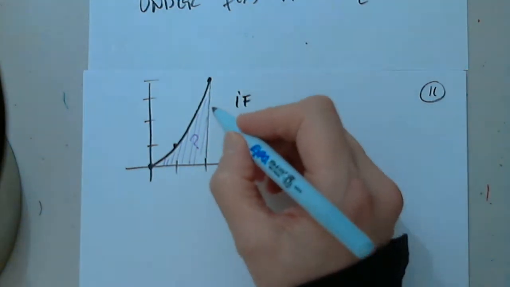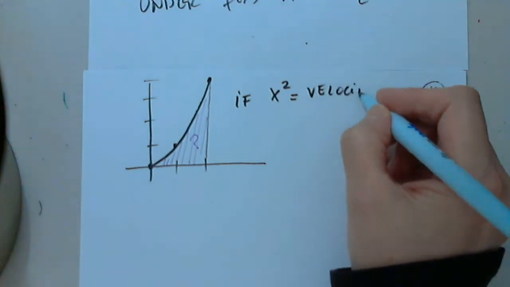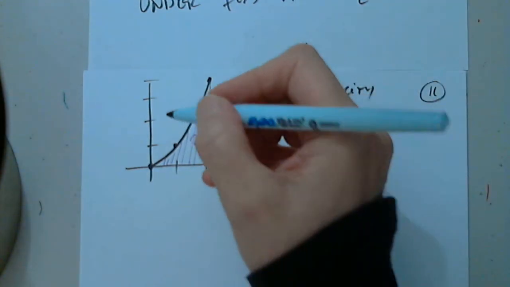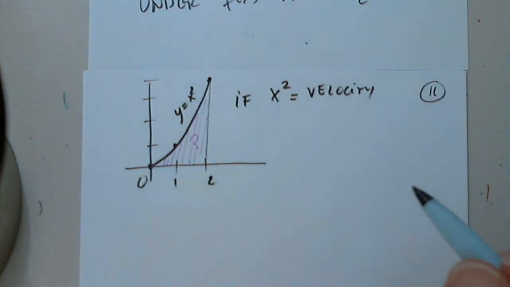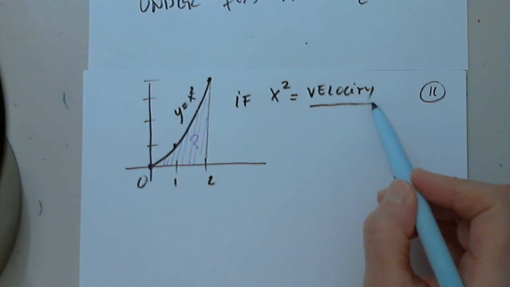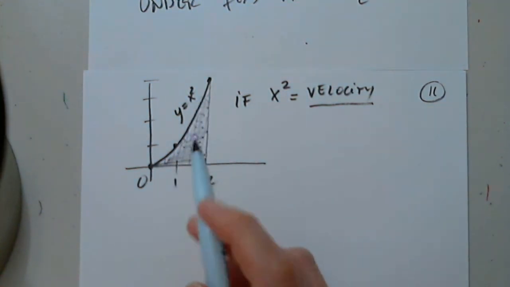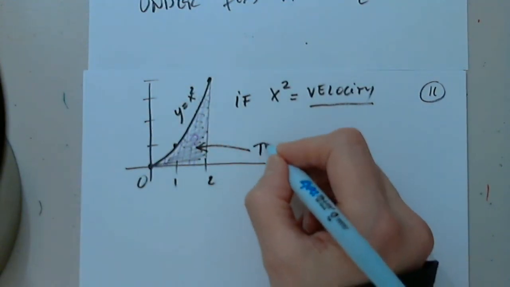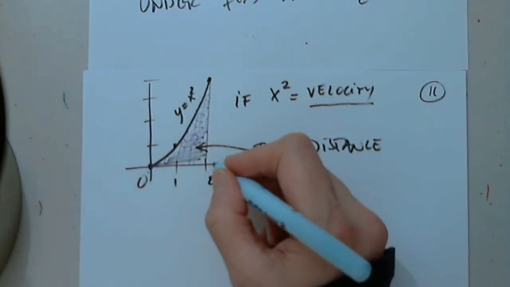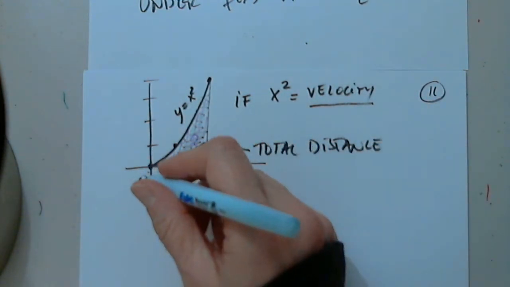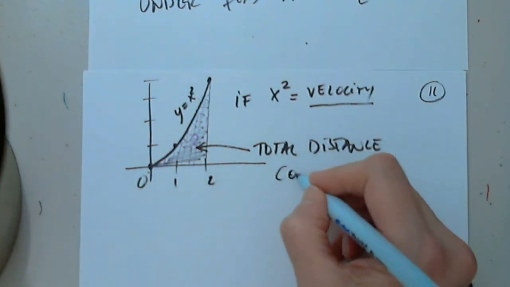If x squared is the velocity, if this is my y equals x squared, which I graphed on the interval 0 to 2, then this total area becomes the total distance covered between 0 and 2. 0 minutes, 2 minutes, 0 hours, 2 hours, I don't know. It doesn't matter. The total distance covered.